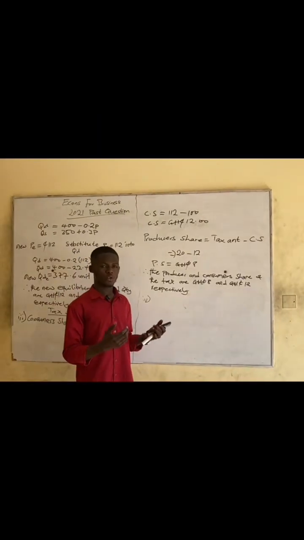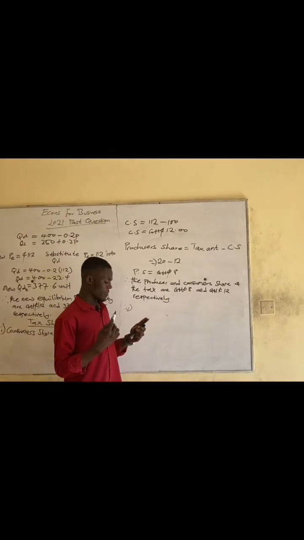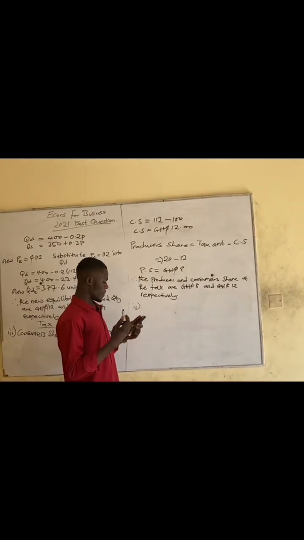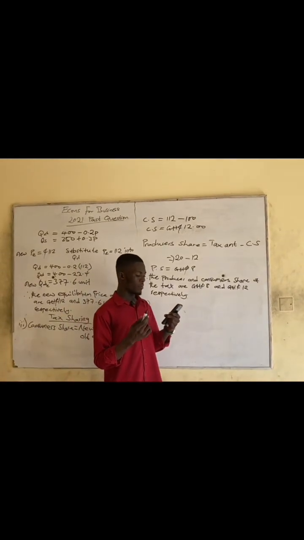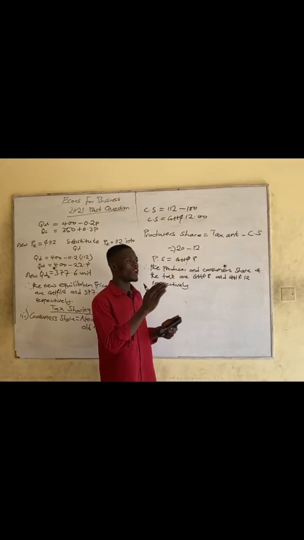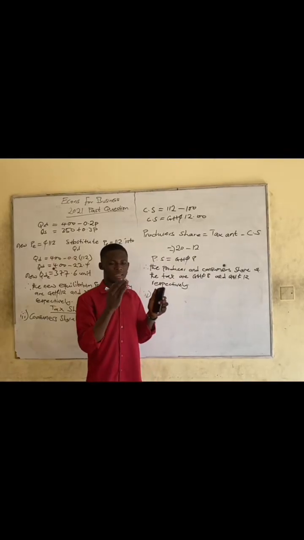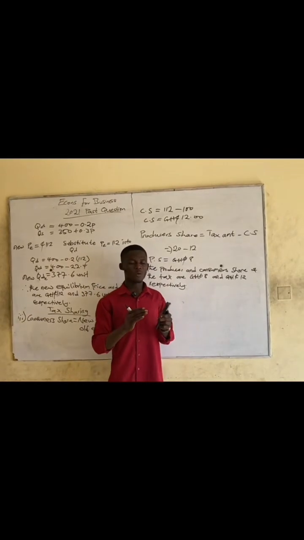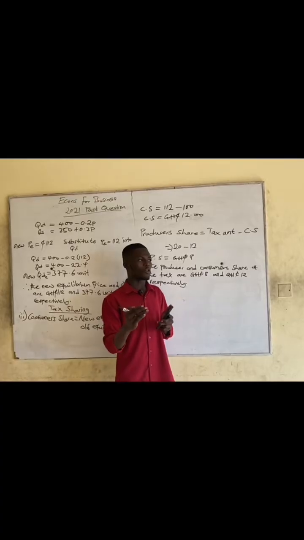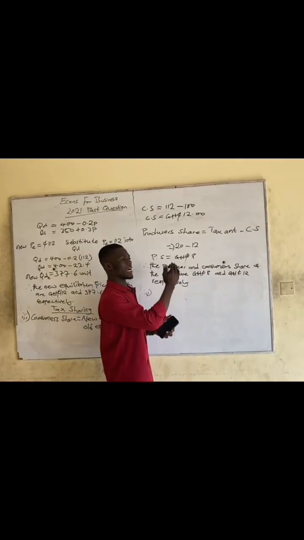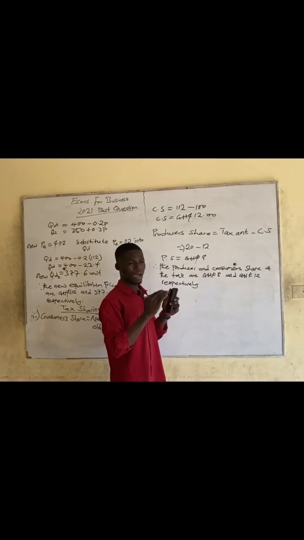Okay, let's move on to our next question, which is part IV. It says that based on your solution to part C above, infer the elasticity of demand for the good. Here we are looking at the two parties who shared the tax amount, the one who had the most, and base our conclusion on that. We can all bear witness that the consumer's amount was more than the producer's amount.